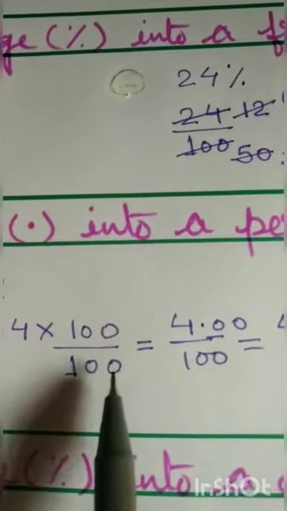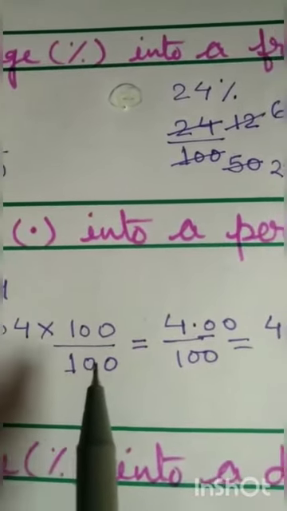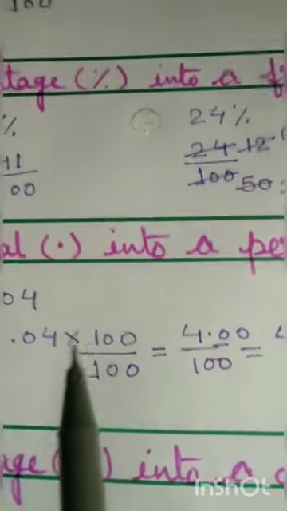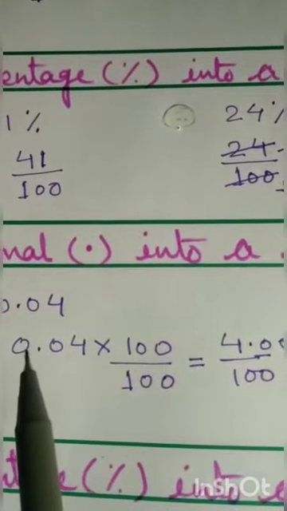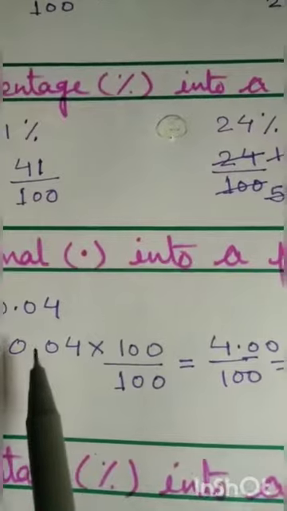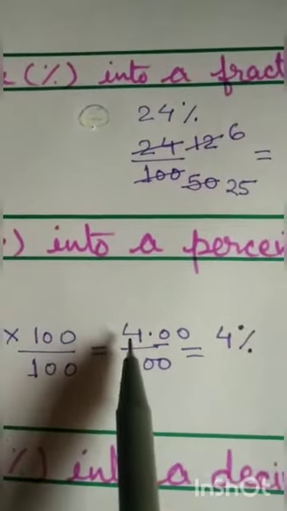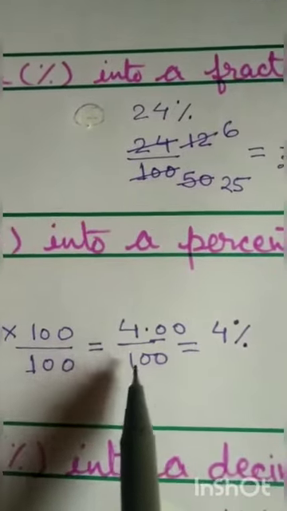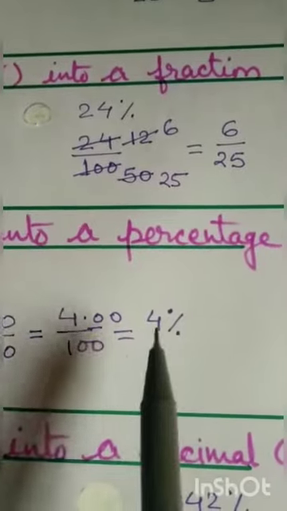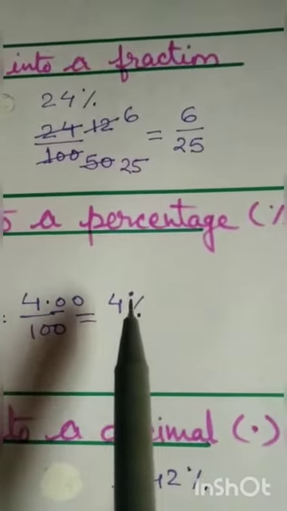Because we are converting it into percent, so we need 100 in the denominator. Now, when you multiply 0.04 by 100, the decimal point shifts 2 places and we get 4.00 upon 100. 4.00 we write as 4, and this 100 we write as the sign of percentage.